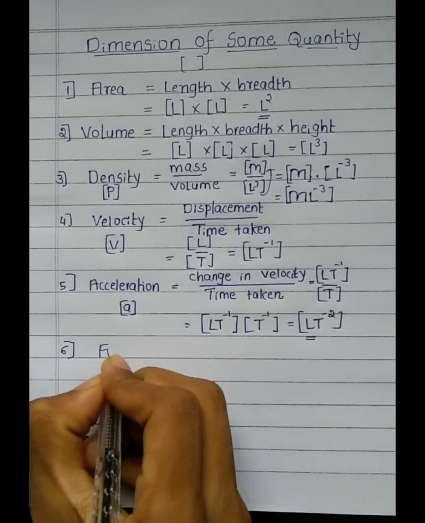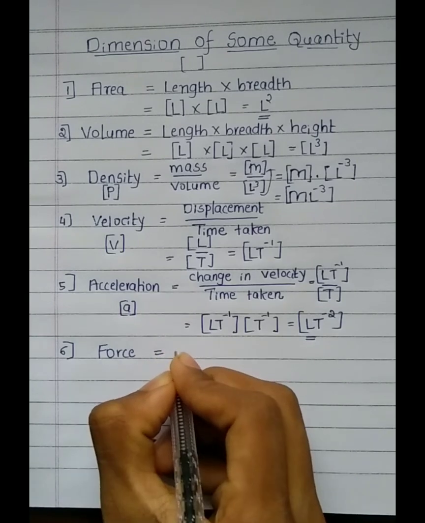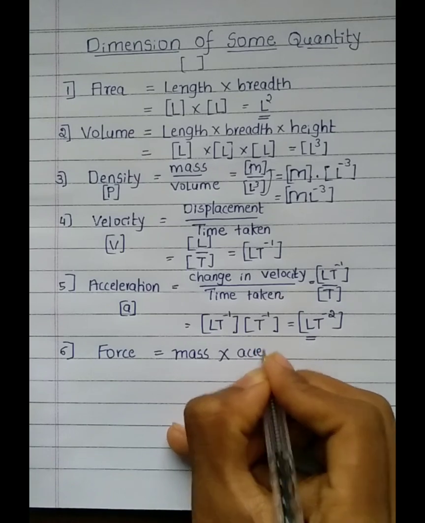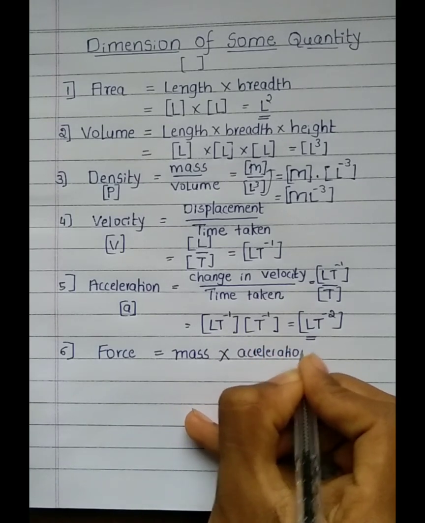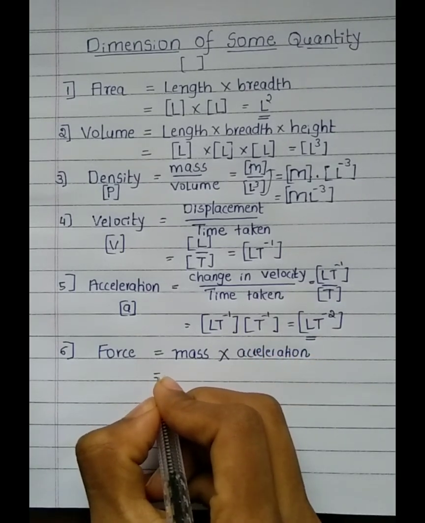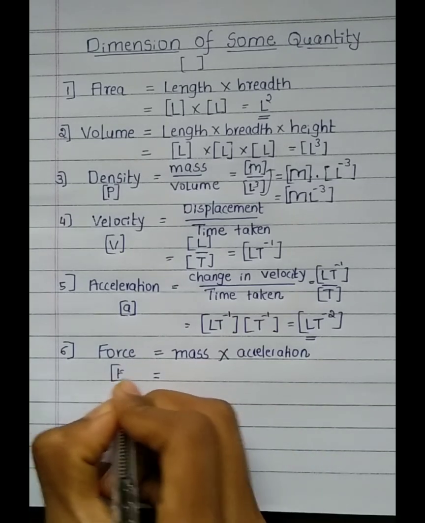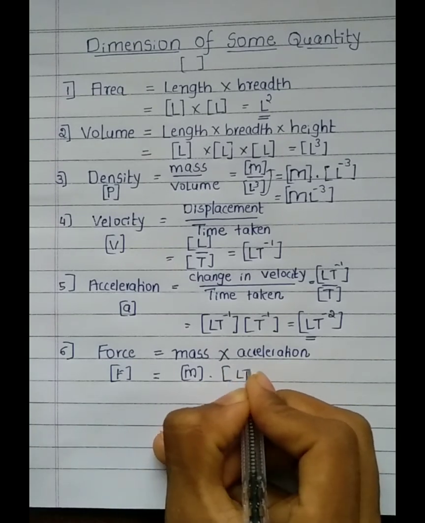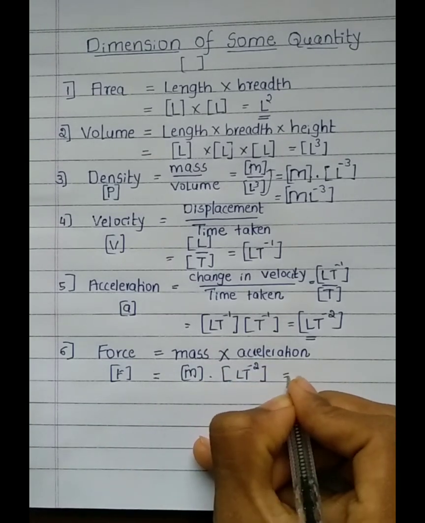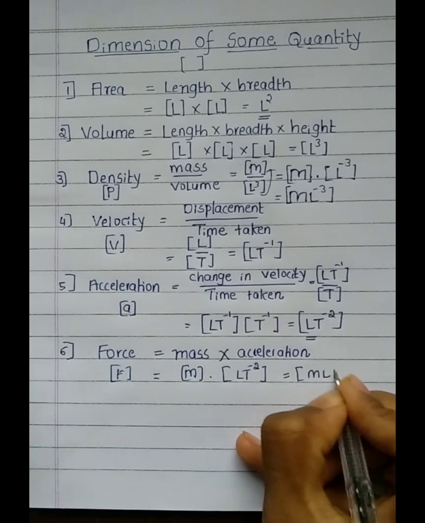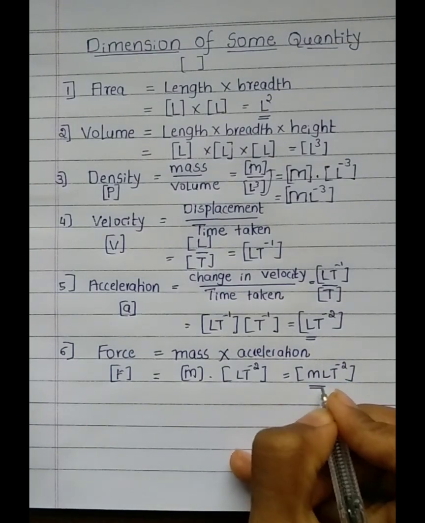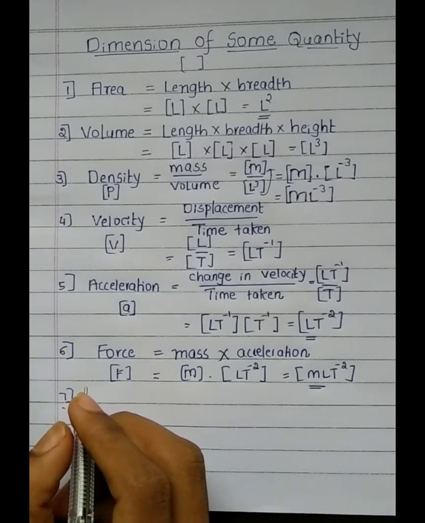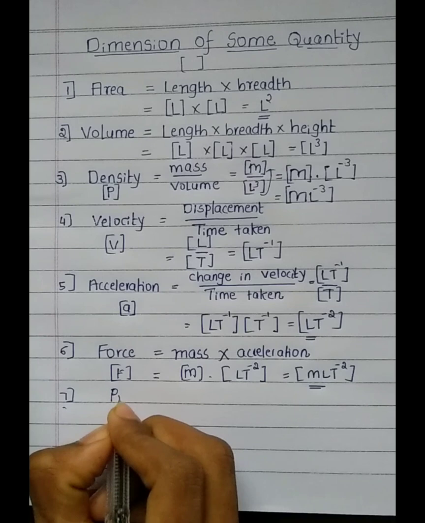And sixth one, force. Force is mass into acceleration. Mass is M and acceleration, from the fifth one, is L T power minus 2. So finally M L T power minus 2. Seventh one, pressure.